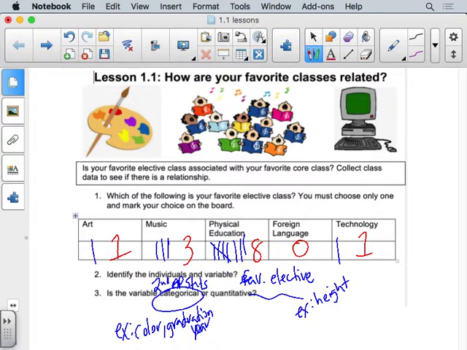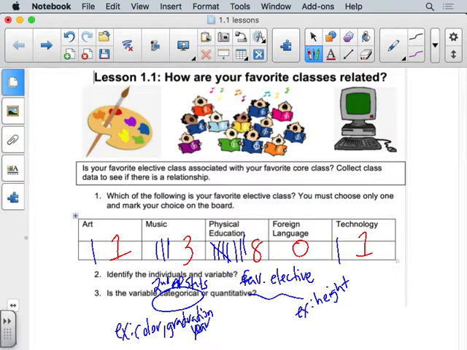Quantitative is a number, but not every single numbered thing is quantitative. Like, you're going to graduate in 2021 or 2022, that's not quantitative. But yeah, quantitative is normally numerical data, and I like to think about it as, does it make sense to be averaged all together?